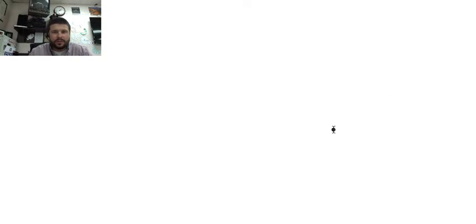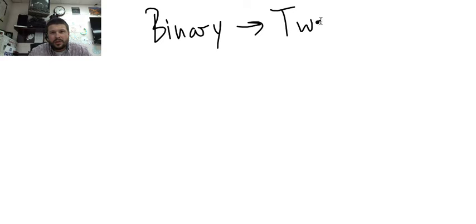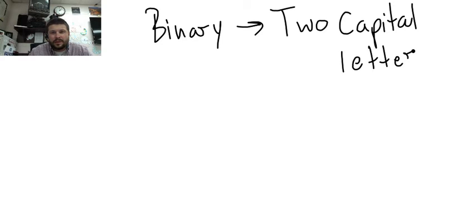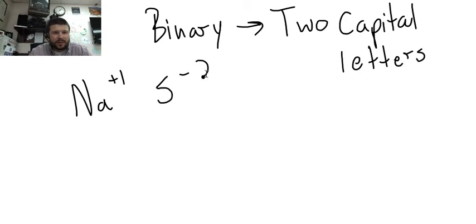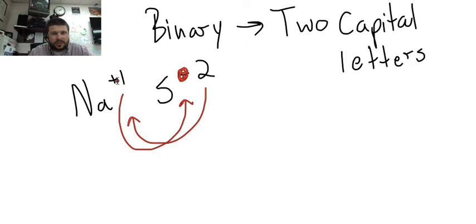All right, so first off is the binary. So binary, which just has two capital letters. All right, so that'd be like sodium, which is Na1+, and say sulfide, which is S2-. All right, so if I wanted to write the compound of this, I would crisscross these numbers, and I would lose the charges.